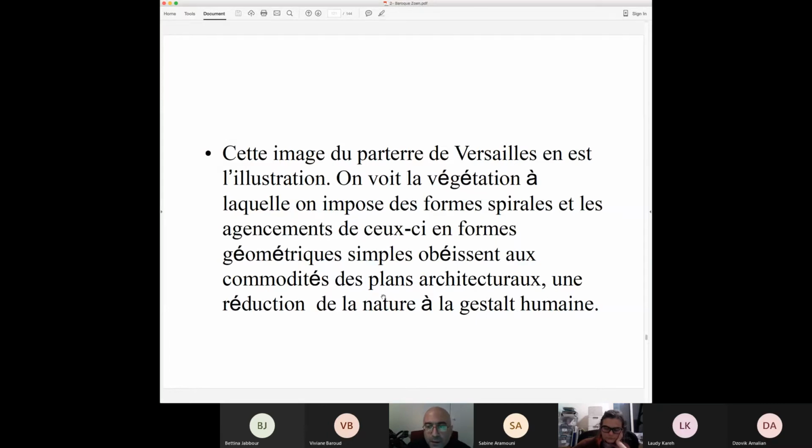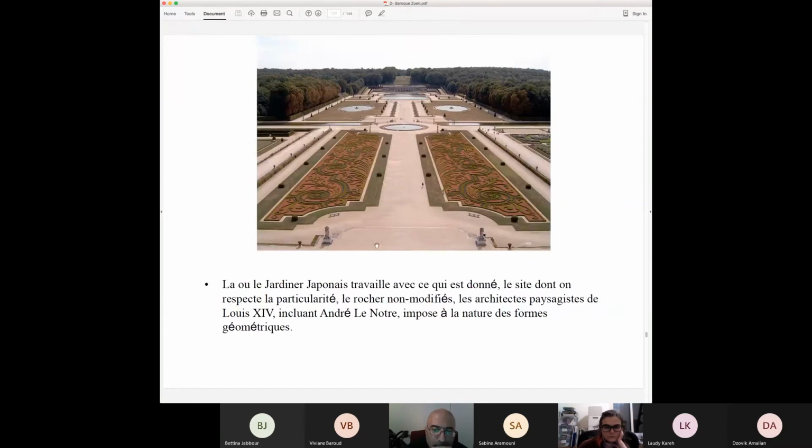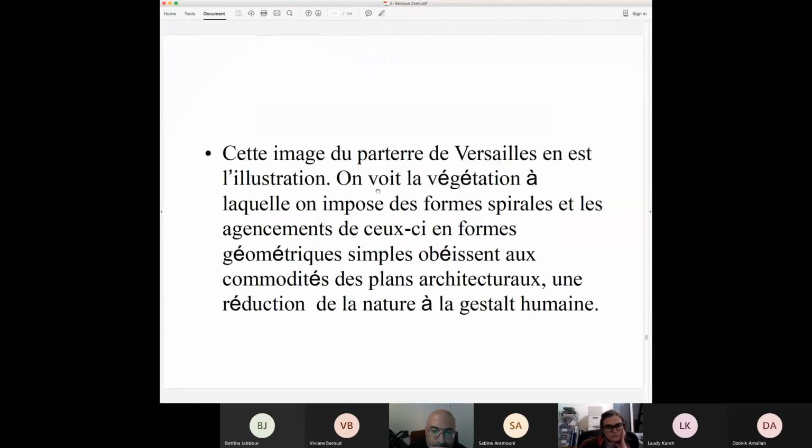This image of Versailles, for instance, is an illustration. We see the vegetation upon which spiral shapes are imposed. The relationship of these elements are, in fact, in Gestalt, in form, simple geometric shapes that obey architectural plans, architectural outlines.